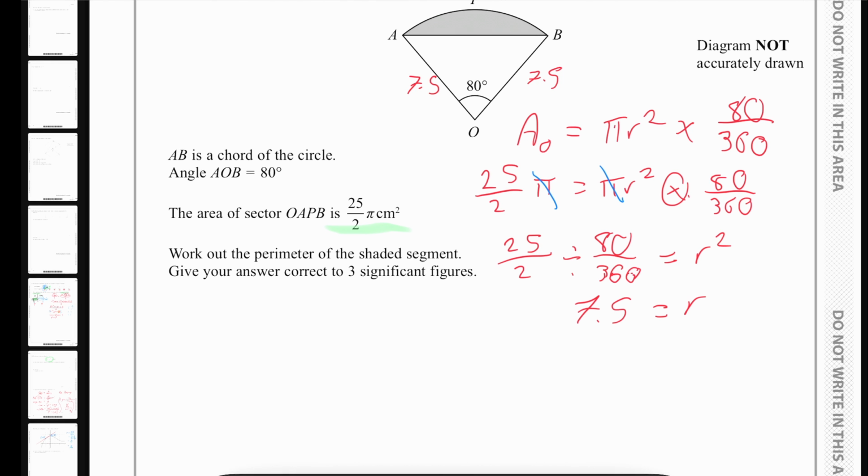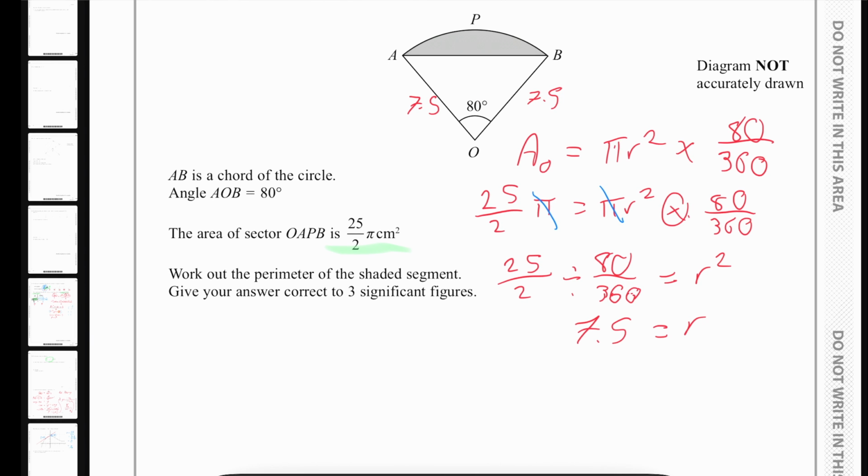So then we need the circumference of my circle. So circumference equals 2 pi r. And once again, this is not a whole circle, it's just a fraction of it. And wonderfully, I have r and I need c. So I'm just going to plug that in, 2 pi, and then that's 7.5 times 80 over 360.